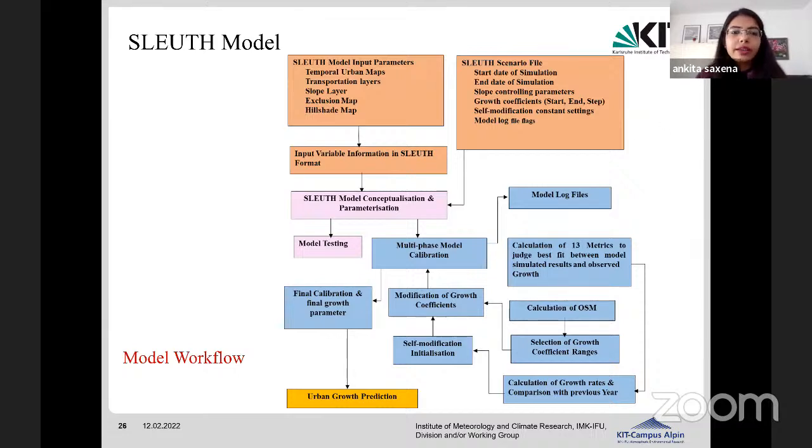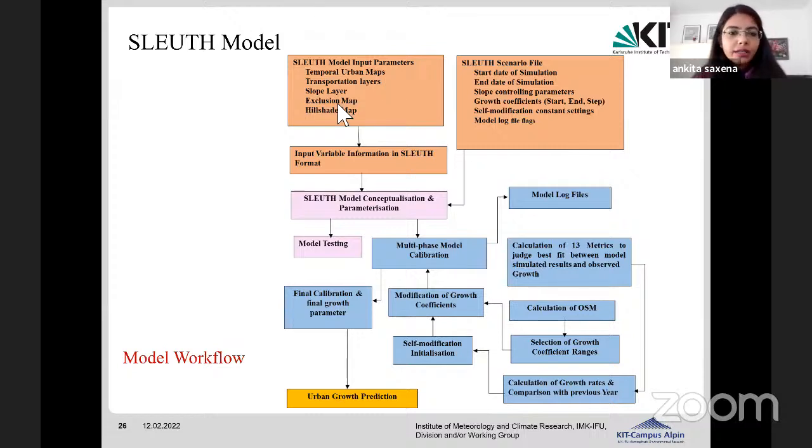As I was saying, it requires slope, urbanization, and transportation. This orange part shows the input information the model requires, in terms of input data sets prepared in specific formats which the model accepts; it requires raster-based formats.